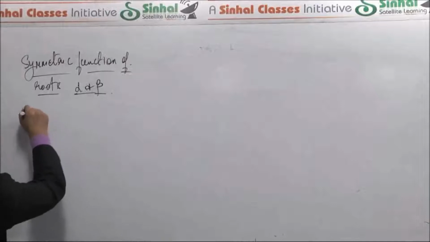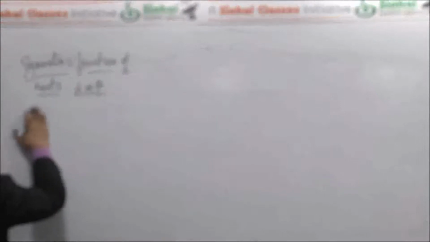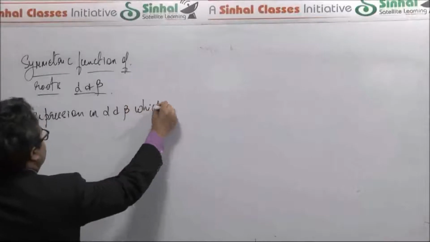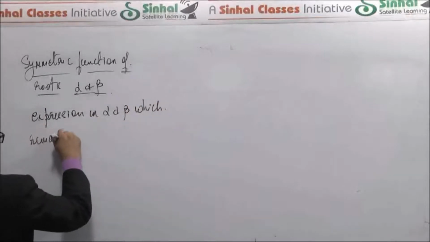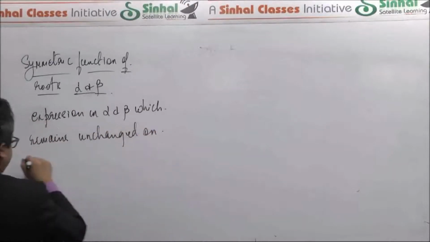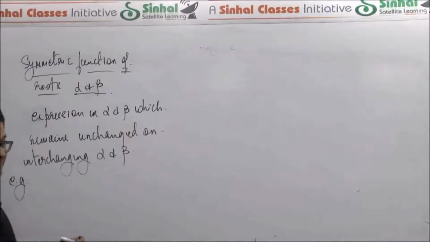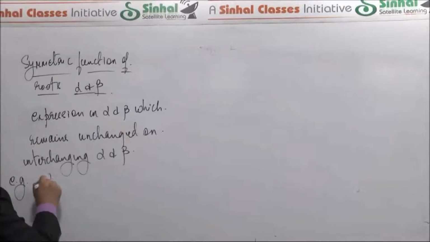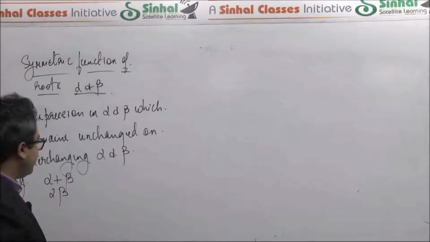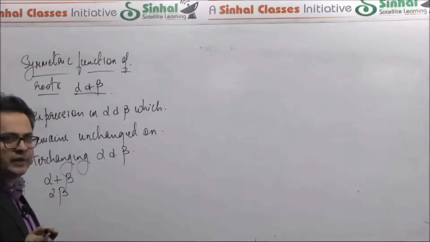So if you think about the simplest symmetric expressions in alpha and beta, they clearly are the sum, alpha plus beta, and the product, alpha into beta. These clearly are symmetric expressions, and for two quantities, these are what are known as the elementary symmetric expressions of alpha and beta.